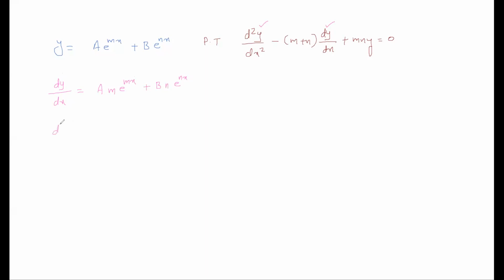Now the second derivative of the first derivative, d square y by dx square. So a constant, m constant, e to the power mx derivative is e to the power mx into m, so it is m square, plus b into n constant, derivative is e to the power nx into n, that is n square.